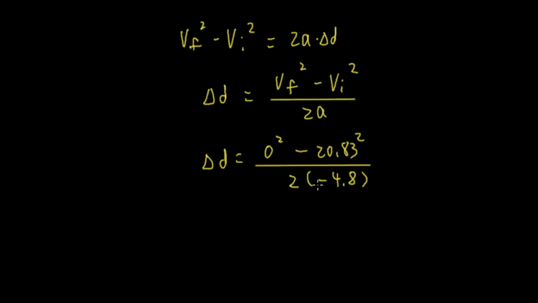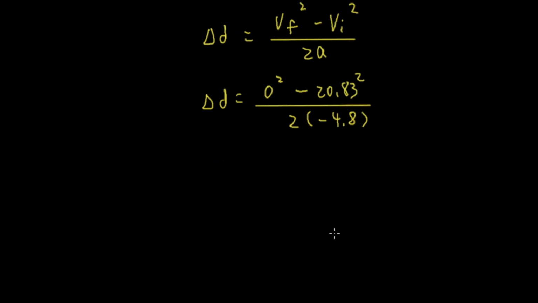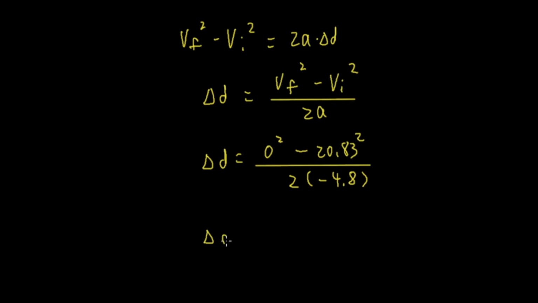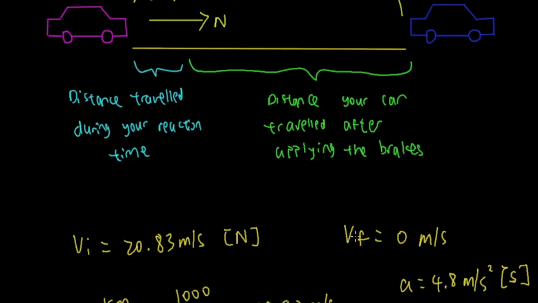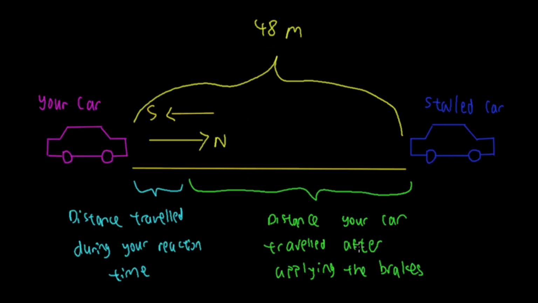So it's the negative side. Okay, so now delta D is calculated as 45.2 meters. Okay, so that means the distance your car traveled after applying the brakes is 45.2 meters. So this distance here is 45.2 meters.